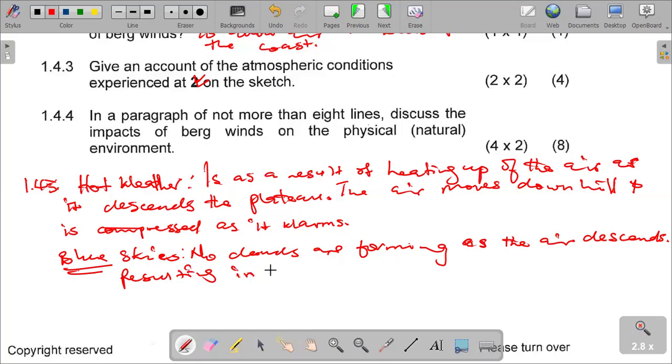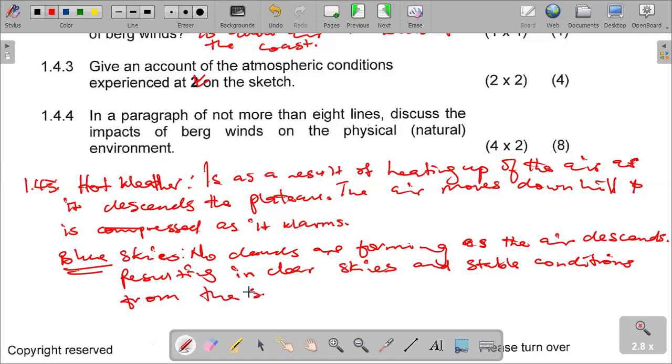Resulting in clear skies and stable conditions due to the subsiding air.